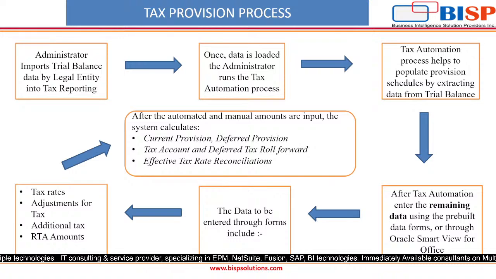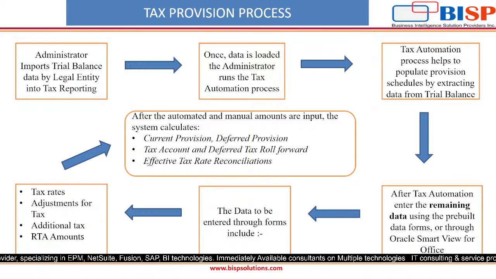So basically the automation can be done through the tax automation process. But in case there are any adjustments which are required, like RTA adjustments or any data which has been left out in the previous return which needs to be input in the current year data, we can do that manually as well.